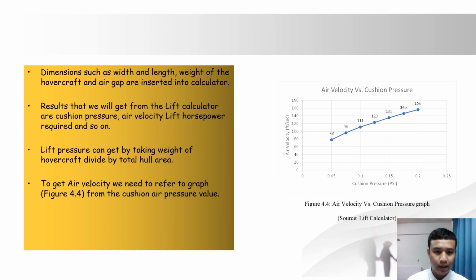Then we will get the values for cushion pressure, air velocity, and lift horsepower from the lift calculator. Lift pressure can be obtained by taking the weight of the hovercraft divided by the total hull area. To get air velocity, we need to refer to the graph, which is this graph in figure 4.4, from the cushion air pressure value.